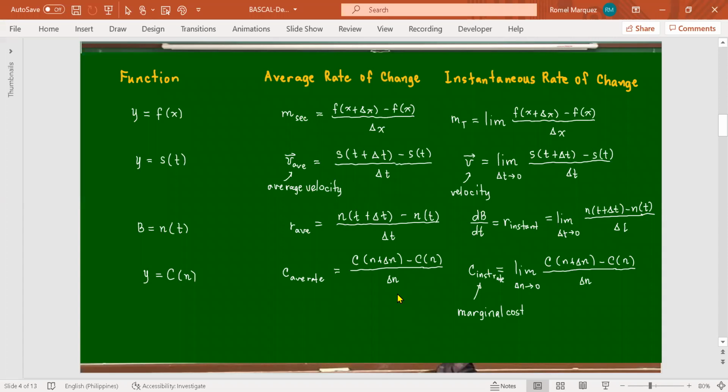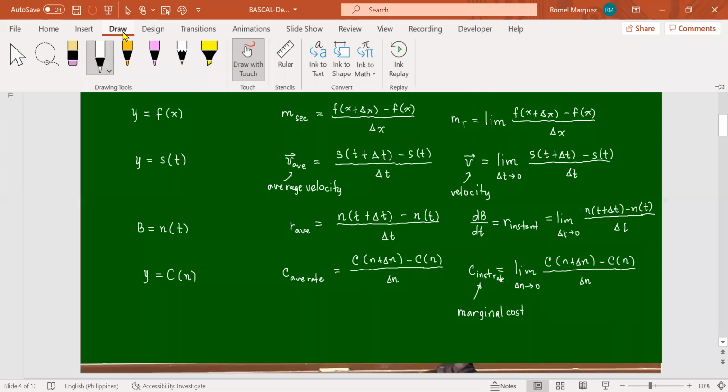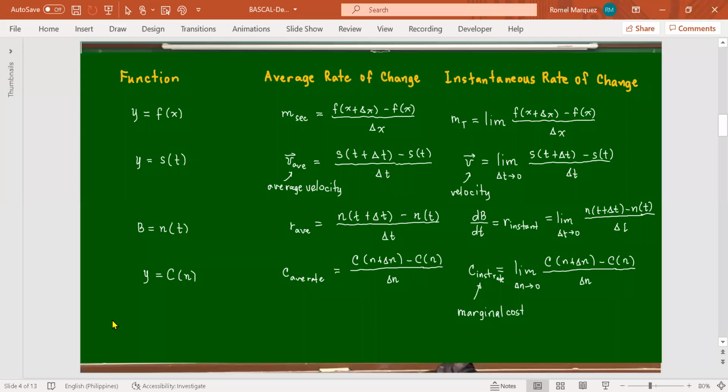Okay? Now, as you see, different situations, they have the same formulas, no? Changing lang sa mga letter. Do you notice, guys? Itong instantaneous rate of change, mayroong binigay na special name here. There is a special name given to all these situations. Ano yung sa tingin niyo yung special name na yon, guys? Not sure po.